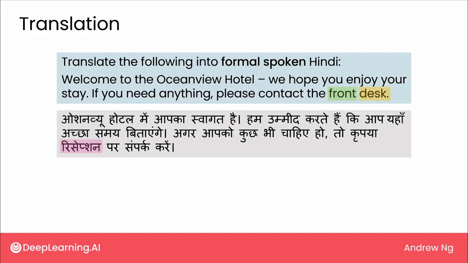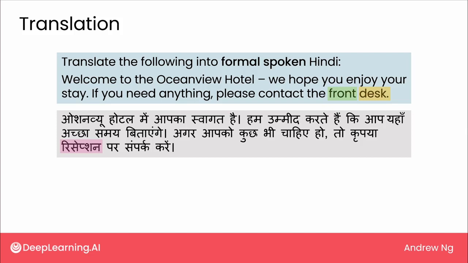Now, here's one fun thing I've seen recently in the AI community, which is that a lot of us working with translation often need to translate text into languages that we don't speak ourselves. So how can we tell if the large language model is doing something reasonable? And in fact, even if you have, say, one Hindi speaker on your team, if other members of the team don't speak Hindi, how can they figure out what's going on?